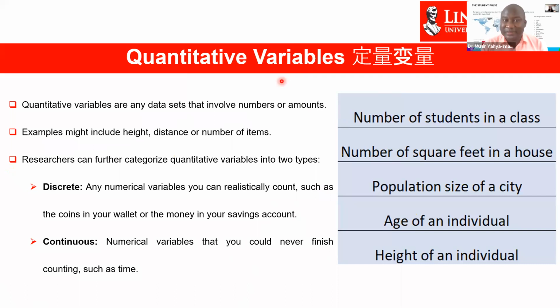They can be discrete, which means any numerical variables you can realistically count, such as the coins in your wallet or the money in your savings account. And they can be continuous, which are numerical variables that you could never finish counting, such as time. Further examples can be number of students in a class, number of square feet in a house, population size of a city, age of an individual, height of an individual, even weight of an individual. All of these can be referred to as quantitative variables.